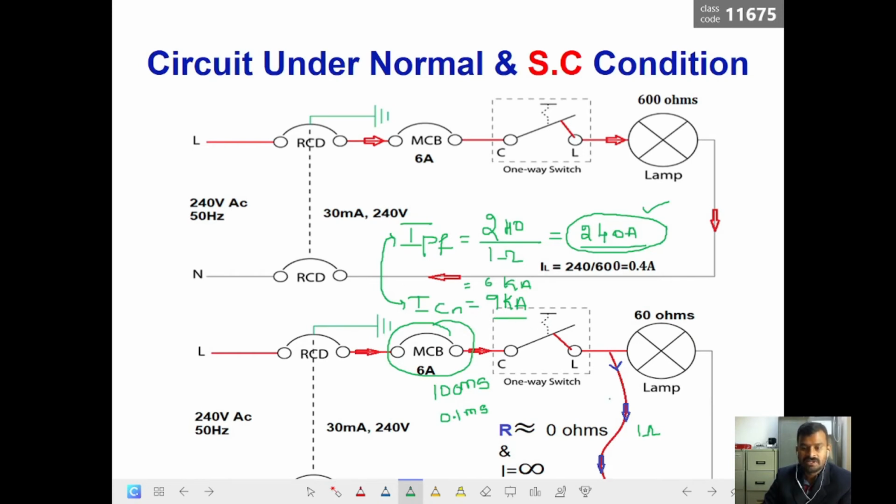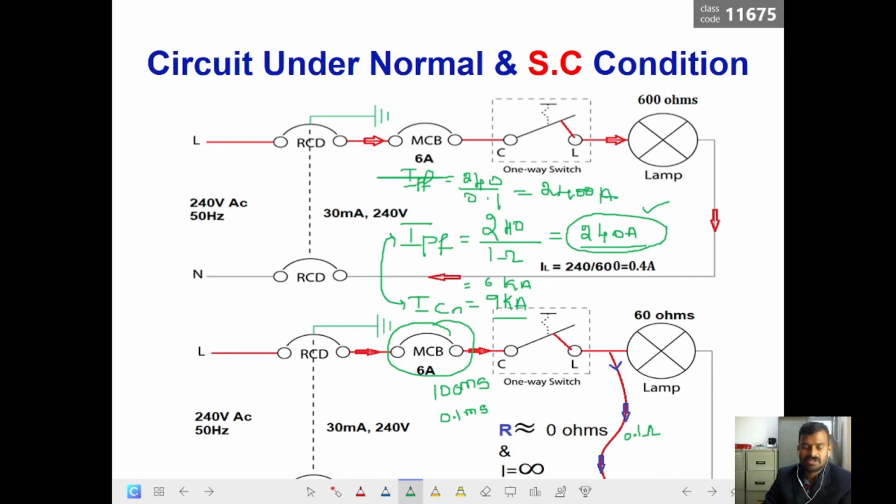Say instead of this 1 ohm, you have only 0.1 ohms of resistance altogether. What would happen to the IPF? It will multiply by 10 times. So 240 divided by 0.1 becomes 2400 amperes of short circuit current.